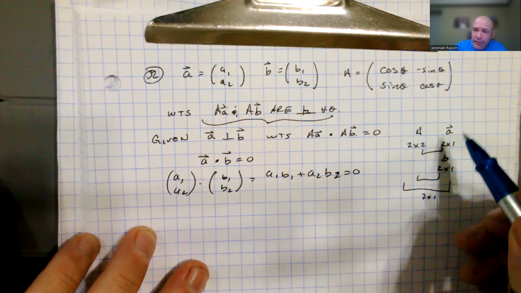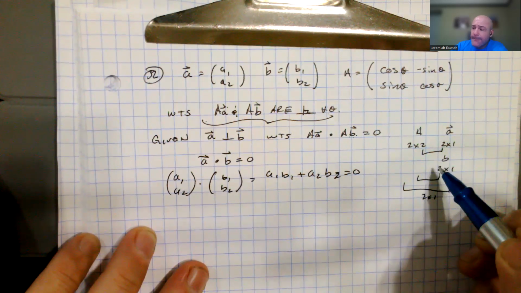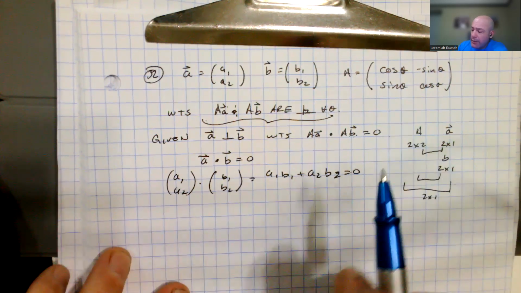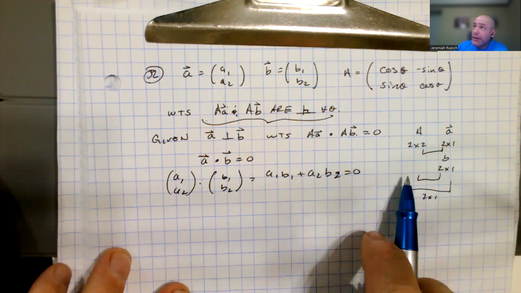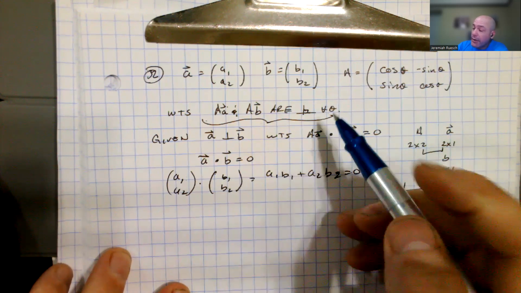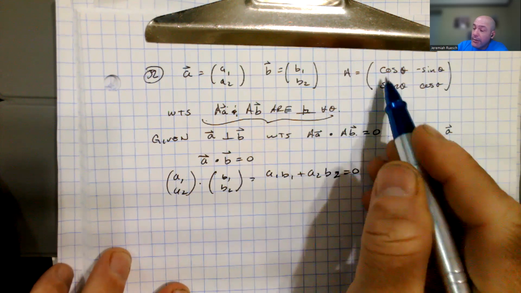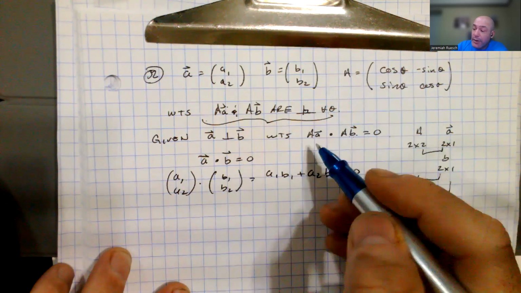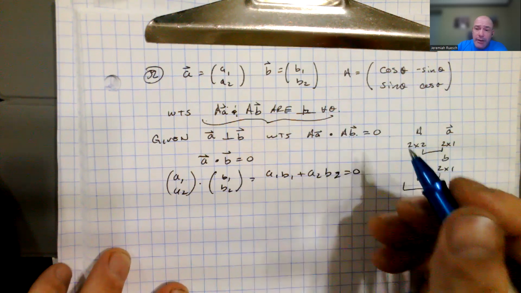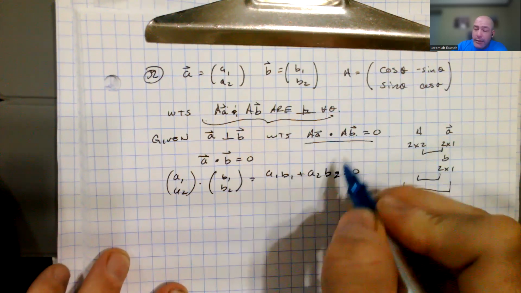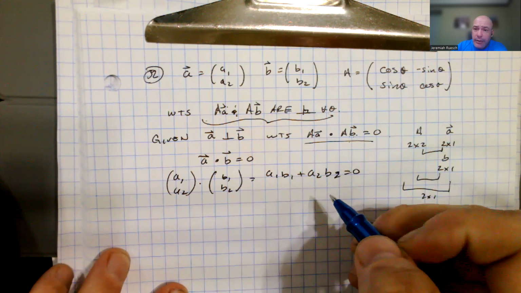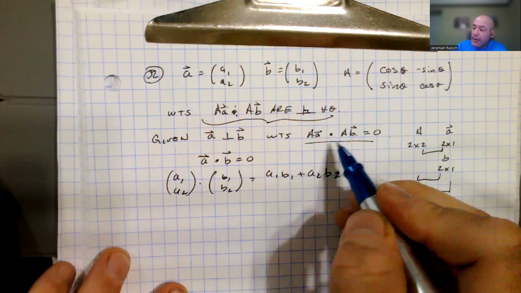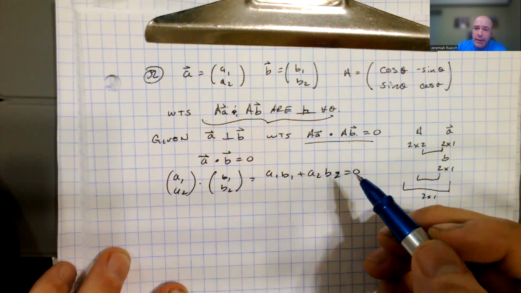Just to verify that the dimensions are correct. Now we can continue by multiplying out each of these vectors with the matrix, and then we'll look at the dot product of the two. If this condition is met, then we've shown that they're perpendicular. In other words, AA and AB are perpendicular.